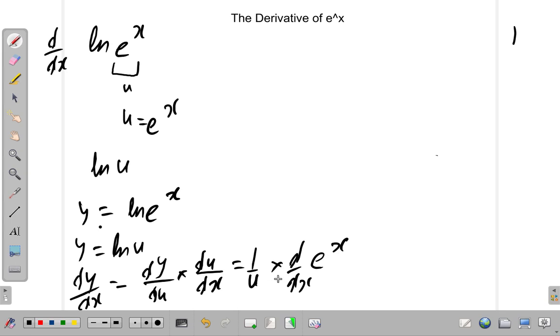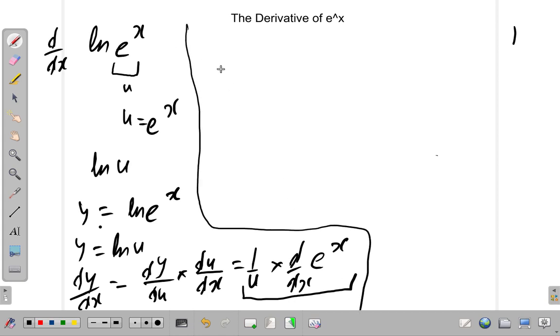Now this expression is the same thing as ln e to the x, but I don't know what e to the x is, at least not yet. Let's continue up here. Let me partition the board. Here, this is 1 over u times d by dx of e to the x.